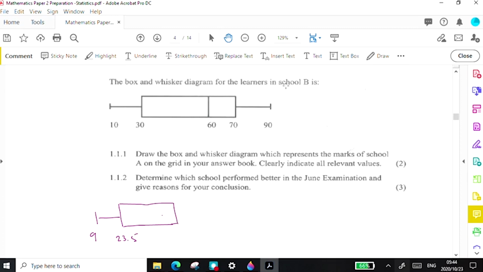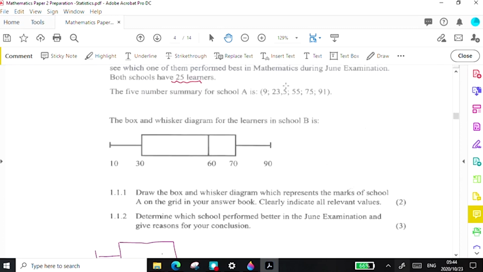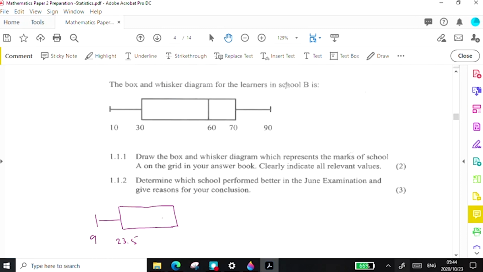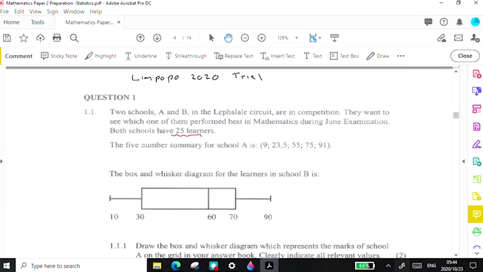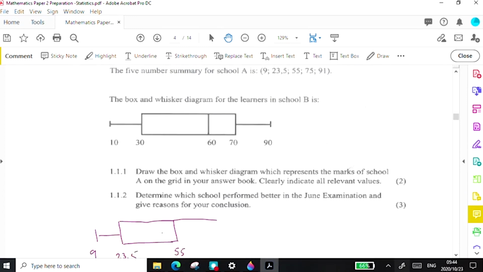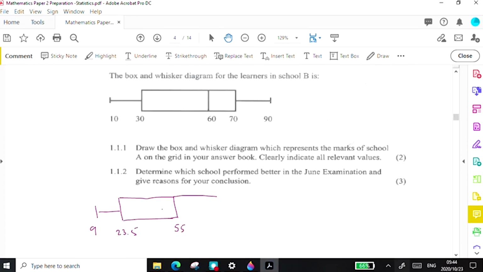Your second quartile is 55, and your third quartile is 75, and your maximum is at 91.